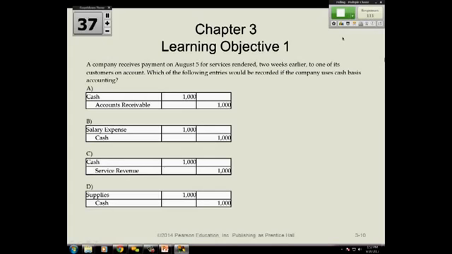The idea is you provided service 2 weeks ago for somebody on account, and now they paid you. So the question is, when you collect it, how do you record it?